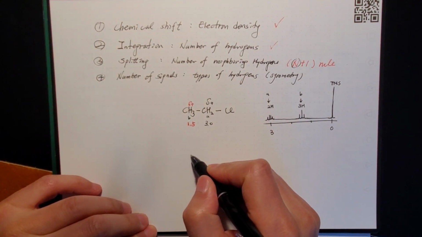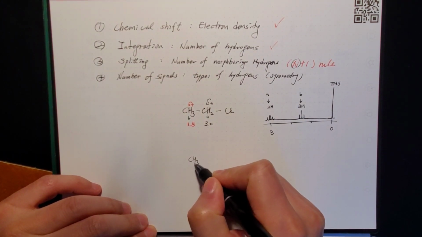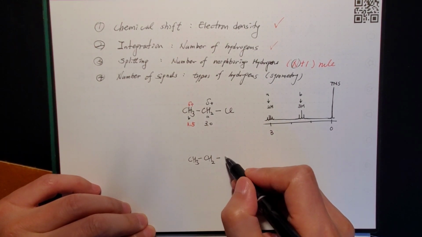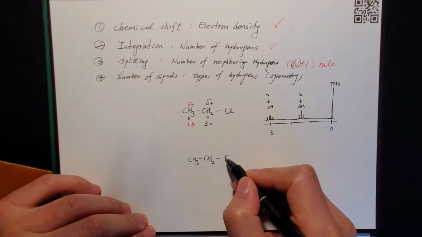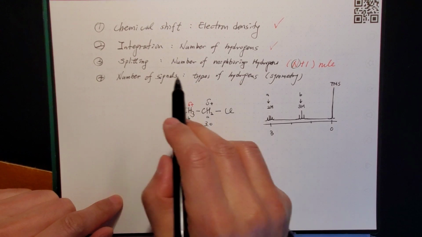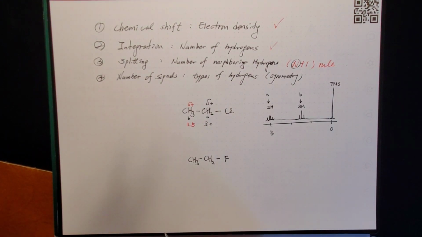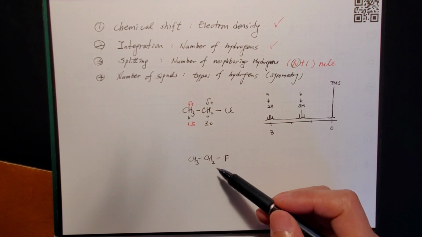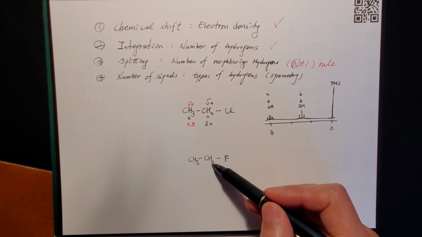What happens if you have the same alkyl group, but you have now fluorine? So how many signals are you expecting? How many types of hydrogens do you have? Again, it's going to be the same. These two are the same type, right?